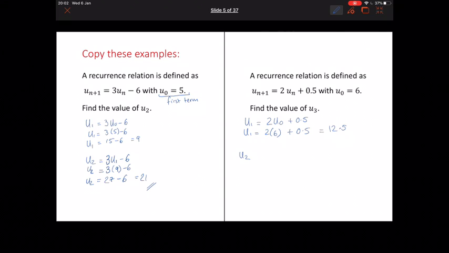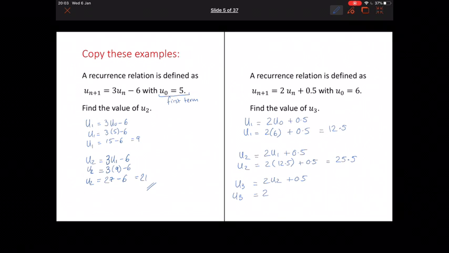u2 is then equal to 2 times u1 plus 0.5. So we get 2 times 12.5 plus 0.5, and if we work that out, we end up with 25.5. u3 then is equal to 2 times u2 plus 0.5.